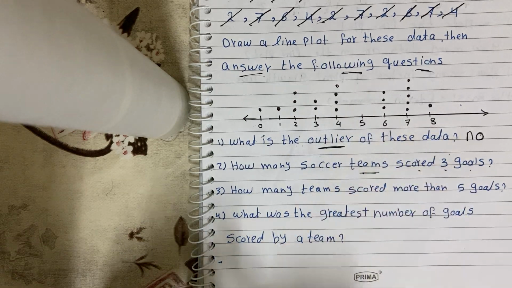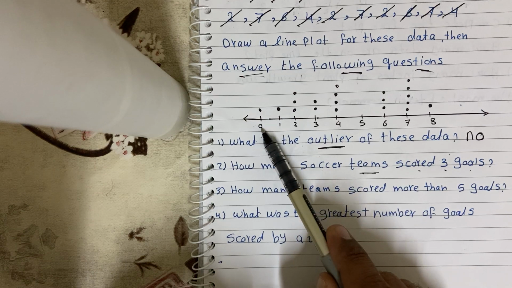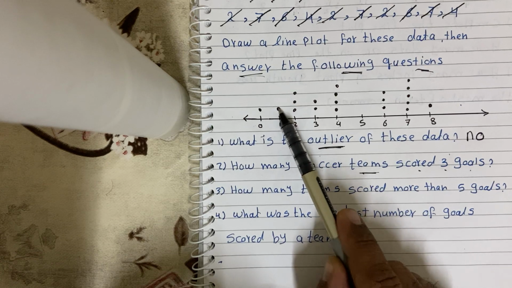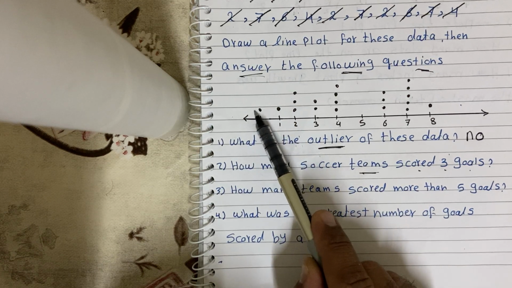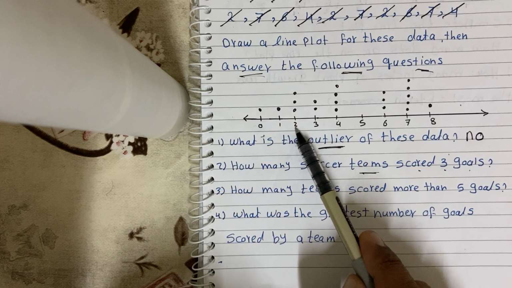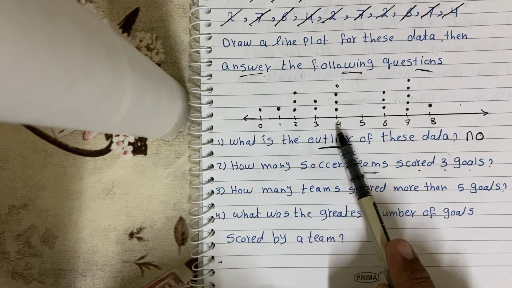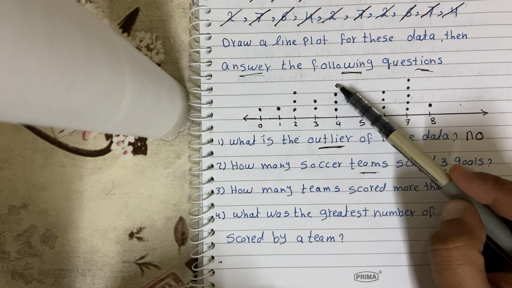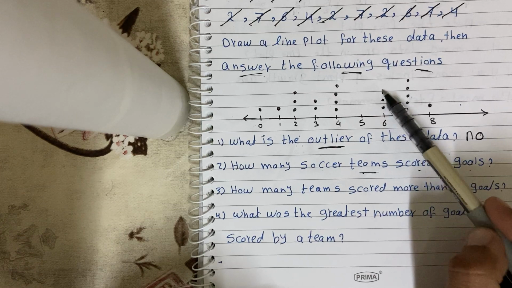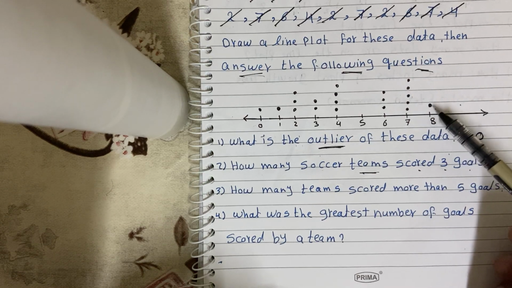This is the number of goals. 0 goals is no team. 1 goal, 1 team. 2 goals, 3 teams. 3 goals, 2 teams. 4 goals, 1, 2, 3, 4 teams. 5 goals, no team. 6 goals, 3 teams. 7 goals, 1, 2, 3, 4, 5 teams. 8 goals, 1 team.